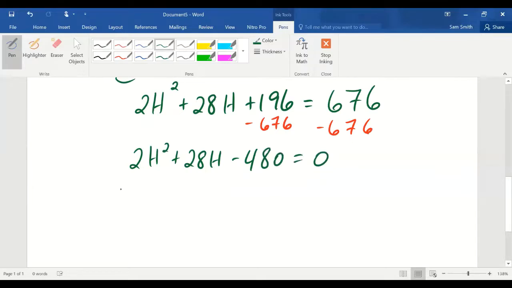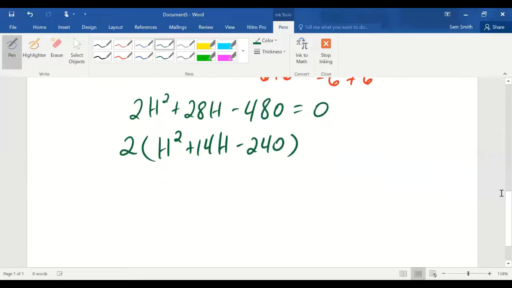Okay, so this is actually pretty lucky. This is better than I expected, because looking at all three of these terms, all three of these numbers have a 2 in common. So 2 can be factored out. And then I think if we're very lucky, we might have something that can be factored out.